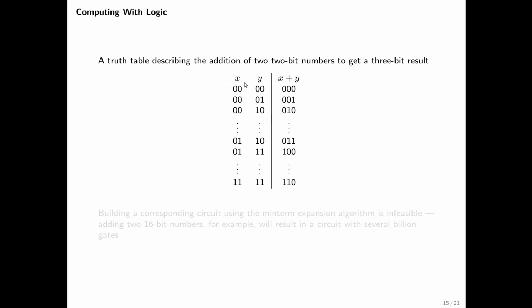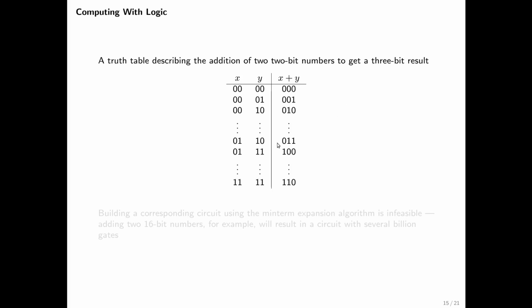Since X is 2-bit and Y is 2-bit, the number of rows here is 16, because there are 4 possible values for X and 4 possible values for Y. The output is a 3-bit result, because when you add two 2-bit numbers, the largest result is 6, which is 3 plus 3, and 6 cannot be represented using 2 bits. You need at least 3 bits.